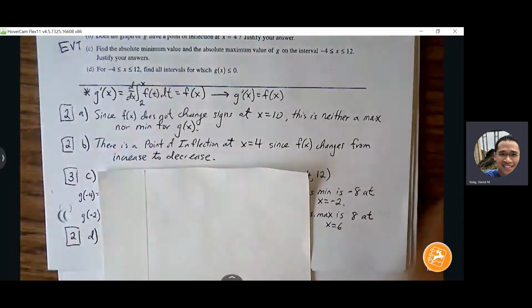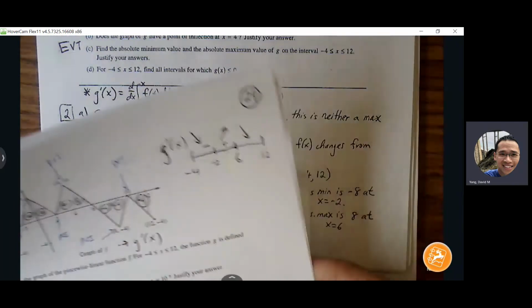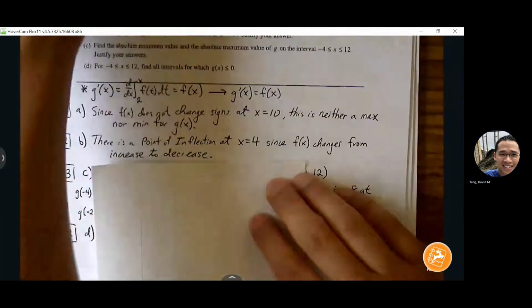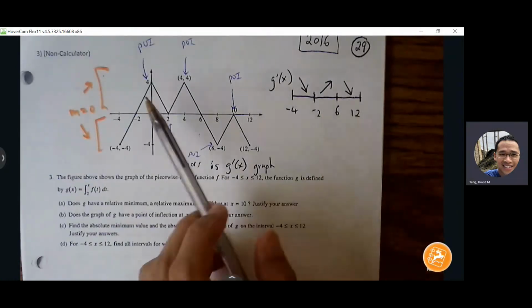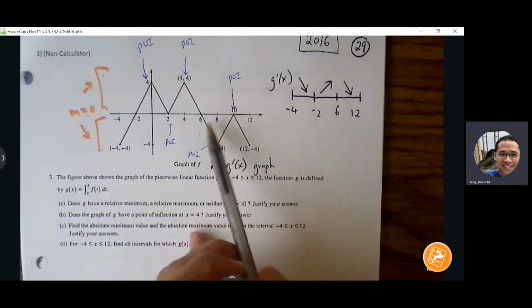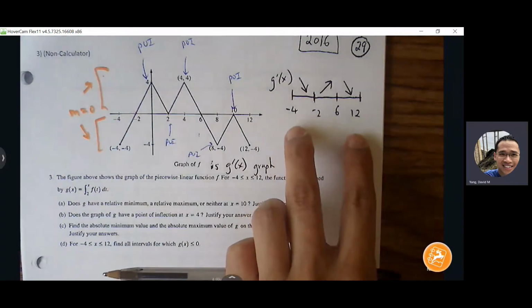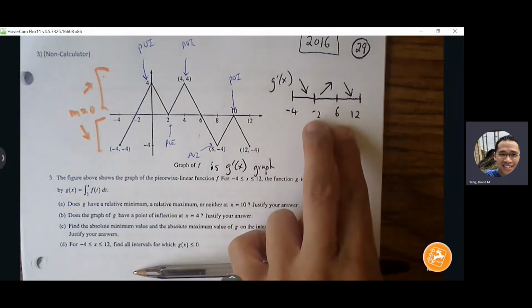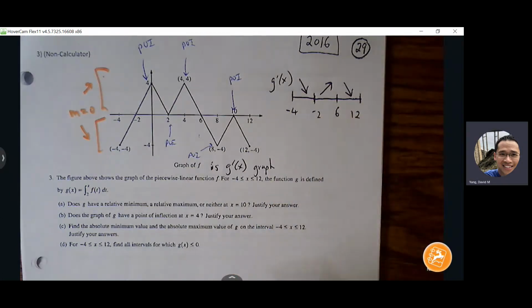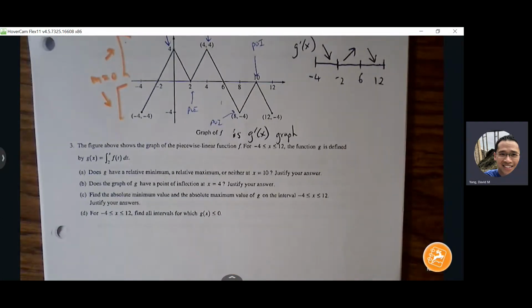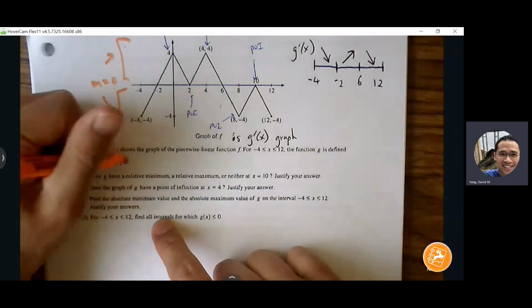So the critical points that we care about are just going to be -2 and 6, right? The other critical points are not relative max or relative min. So the only candidates we care about are the endpoints and the relative max and relative min. So we have 4 points that we're going to test, and we're going to be using the formula that's provided for us.